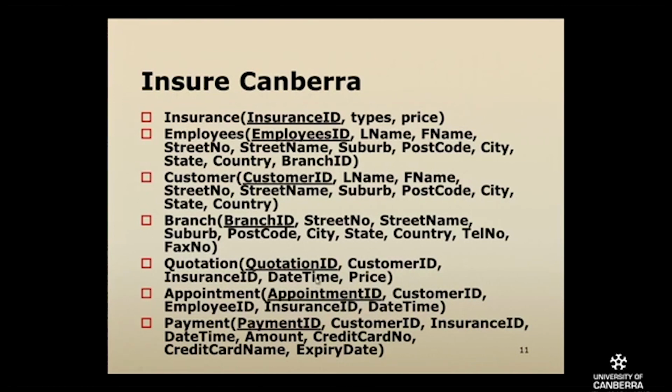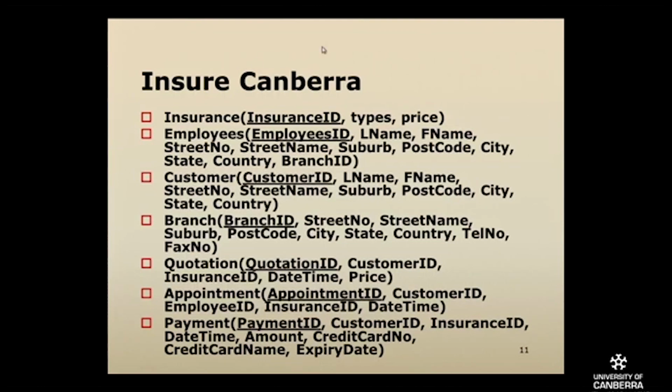But if you go to quotation, what you will notice is that you have a customer ID. Customer ID in the table quotation is an attribute, but it is a primary key of the table customer. So what it tells you is there will be a relationship between the customer and the quotation entity. If you look at the next attribute, insurance ID, it is just an attribute here in this table, but it is a primary key in the table insurance.